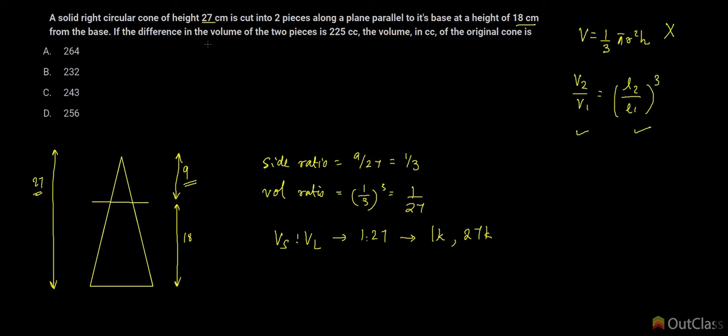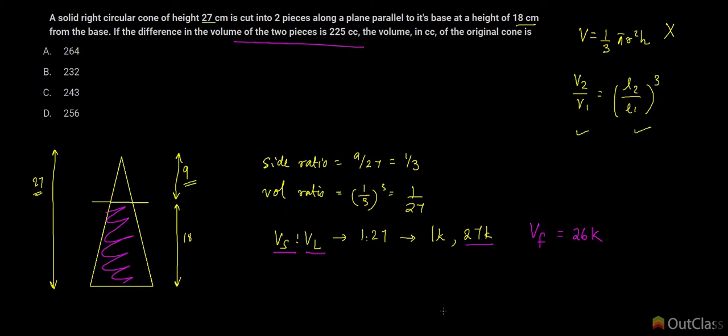What is given in the second part is that the difference in the volume is 225. So, two pieces. If you have the volume of the small cone as 1k and the volume of the large cone as 27k, then the volume of the frustum is 26k. The frustum is the part left over.